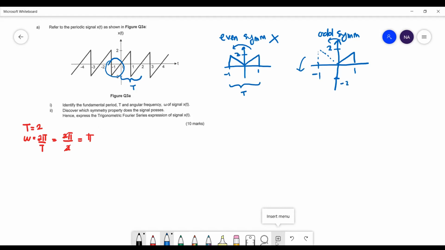So until -2, it will become like this. Then when you compare with the original signal here, the signal looks the same. So yes, this signal is odd symmetry. Okay, so the symmetry properties have 3 types.